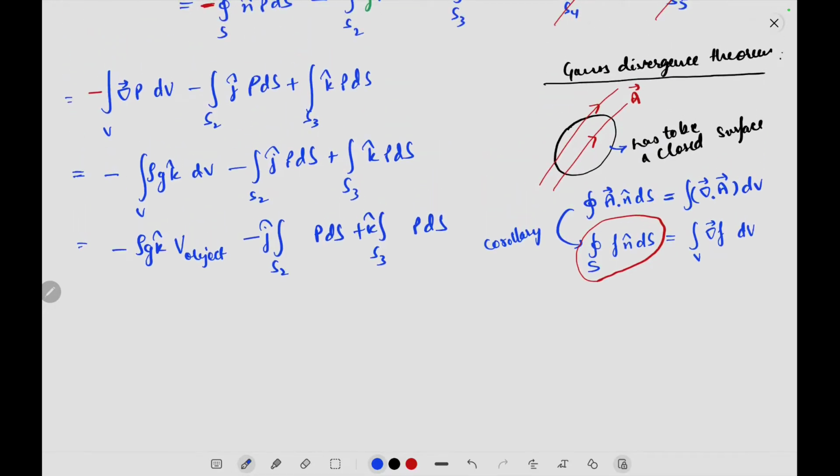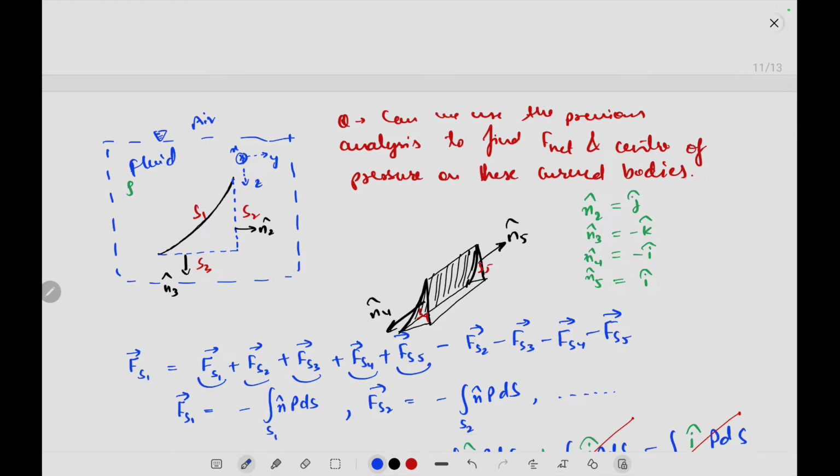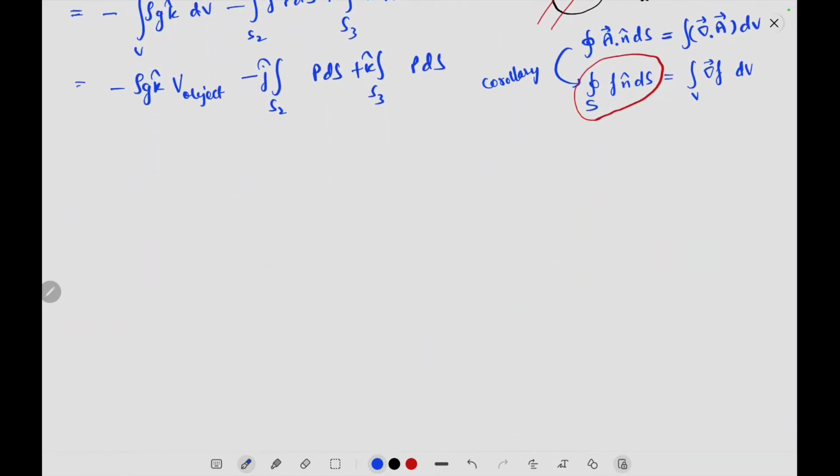So now what are these s2 and s3? s2 is this surface and s3 is this surface, right? Now if we see, this s3 is a horizontal surface, so the pressure would not change if you take different area vectors on this s3. So on this s3, the pressure is independent of the area vector that you have chosen.